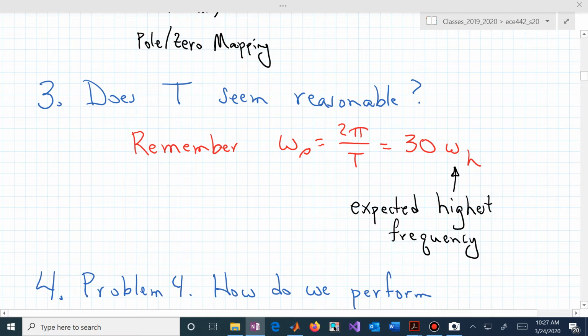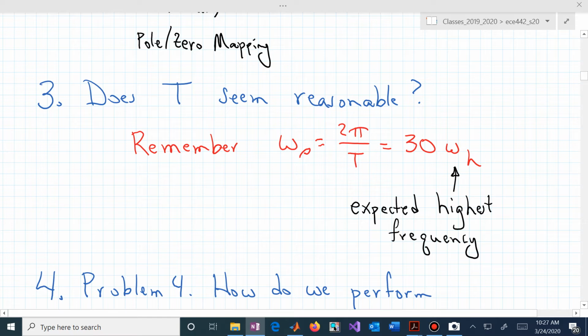Does T seem reasonable? That's asked of you in several of these questions on the homework. Remember that the sampling frequency that we're using in this class, since we're dealing in a control scenario, is 2 pi over capital T. T is our sample period, but now, as a rule of thumb, we say let's make the sampling frequency 30 times the highest frequency in our system, omega sub h.